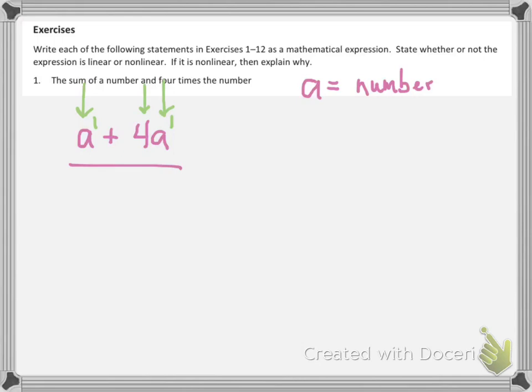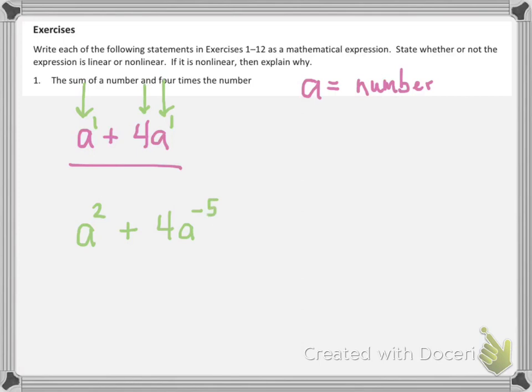expression. The thing that would make it nonlinear would be if either of these variables had an exponent that was greater than 1 or less than 0. For example, if we had a squared plus 4a to the negative 5, that would be nonlinear.